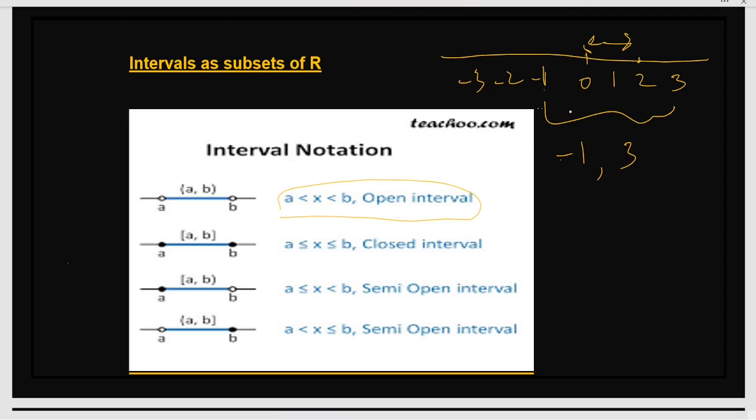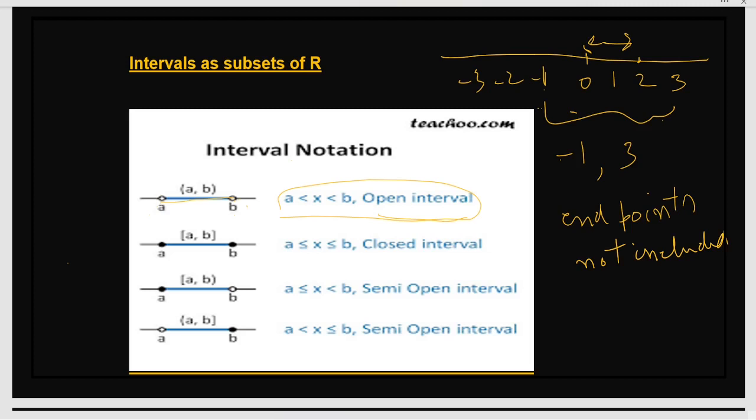A and B are not included in this interval. When the endpoints are not included, it's an open interval. A to B is the interval, the first point is A, the last point is B, but the endpoints are not included in the interval.